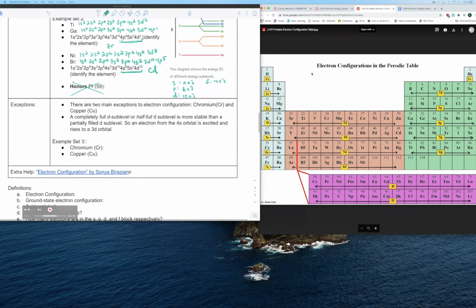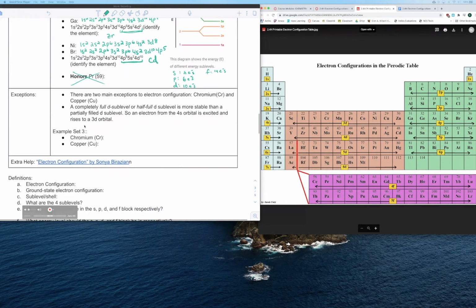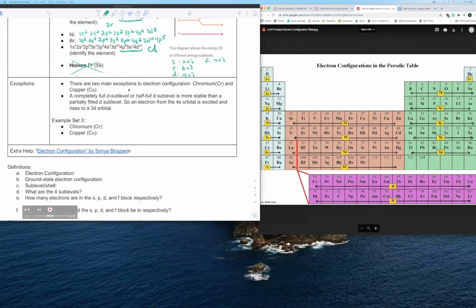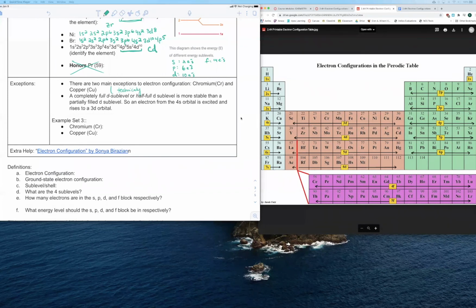Okay, let's go over the main 2 exceptions to electron configuration. So there's 2 exceptions. It's chromium and copper, and technically anything that's in the same group as these elements.